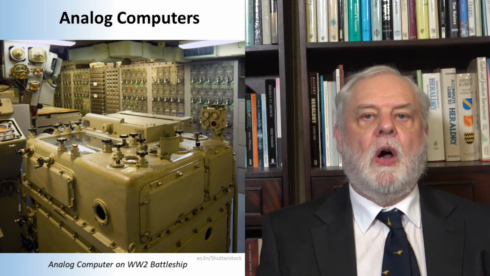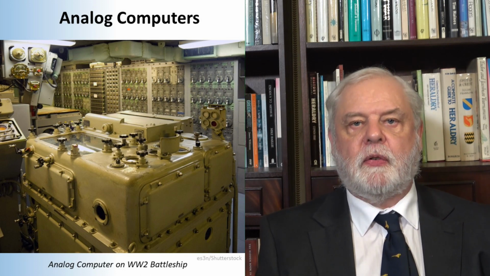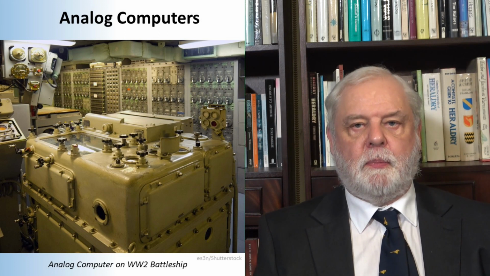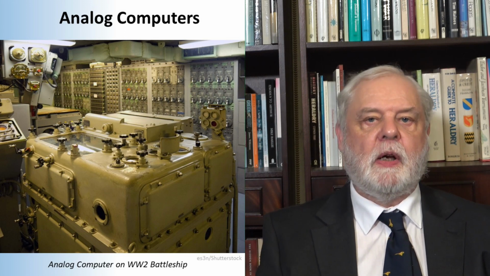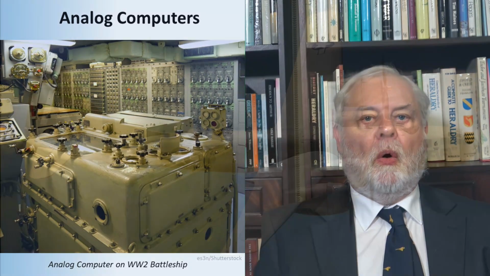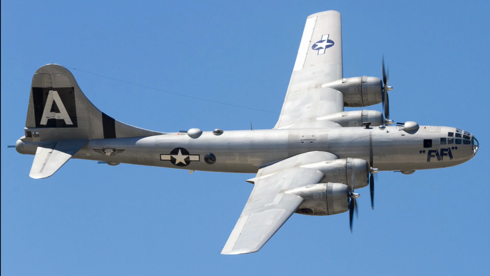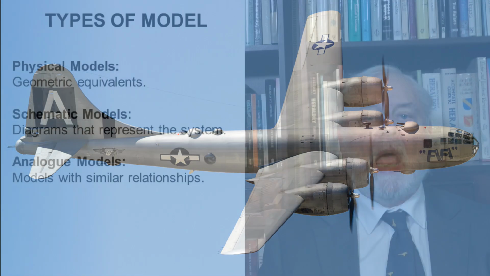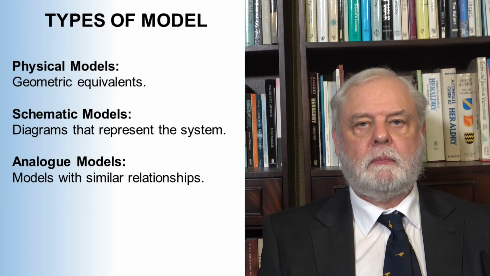At one time, it was common practice to model system behaviour with electrical, as opposed to electronic, circuits on devices called analog computers. These predate digital computers, as we can see here, with one installed on a World War II battleship. Also from World War II, in the first video we mentioned that the B-29 Superfortress bomber had gun control computers. Again, these would have been analog computers.